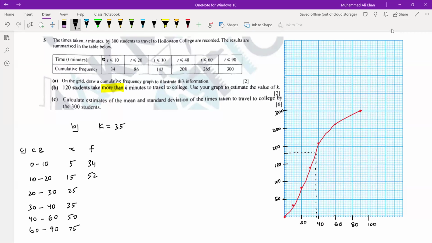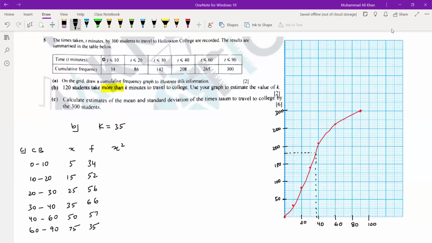The next one is 142 minus 86. It will be 56 and so on. So you will get 66, 57, and 35.